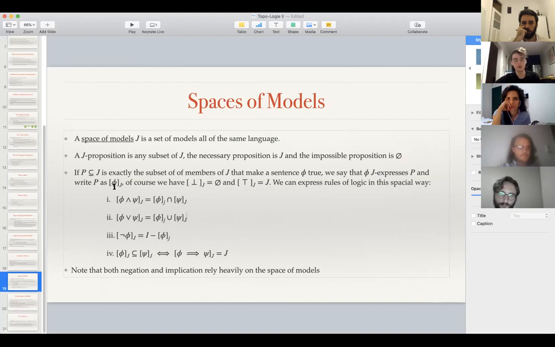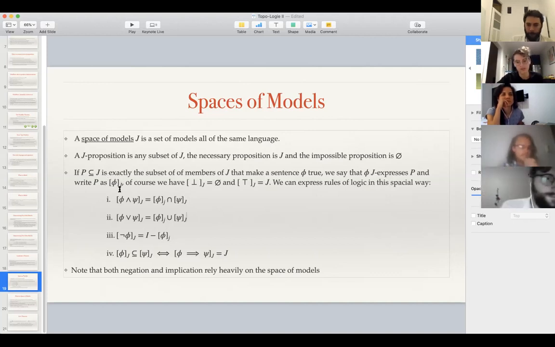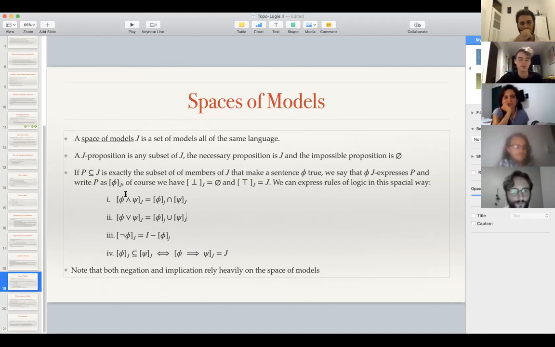This is a way to formally make the difference between the actual proposition and the set that the proposition is representing. Here phi is some sentence, and these brackets with subscript J denote the set of models on which phi is true, the set of models that model phi.